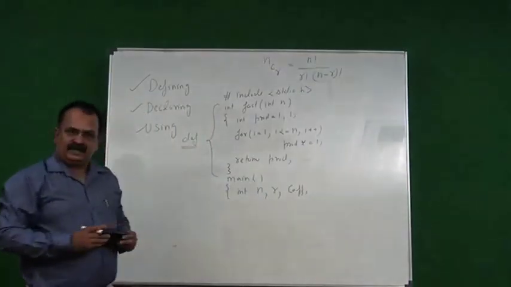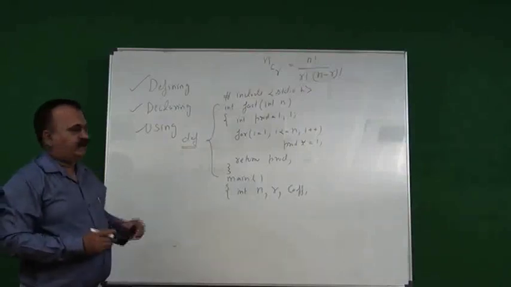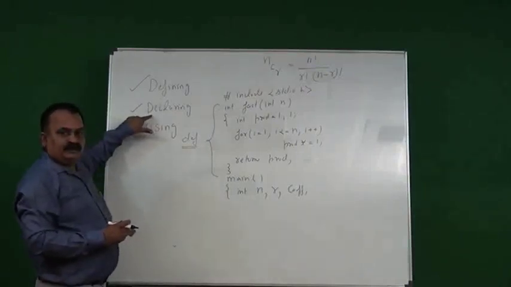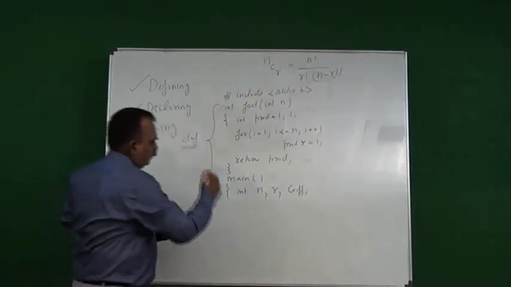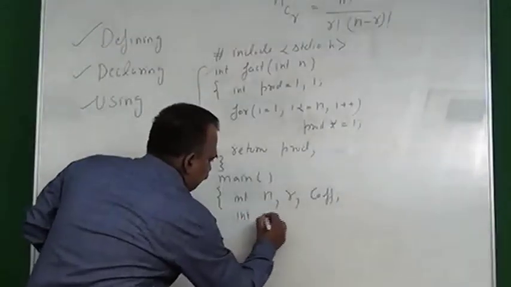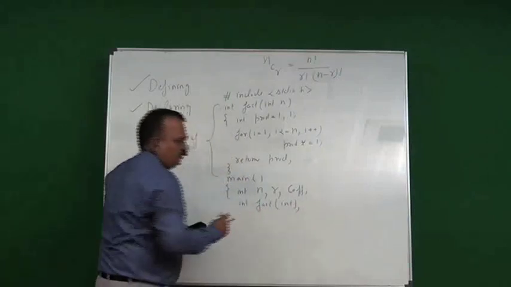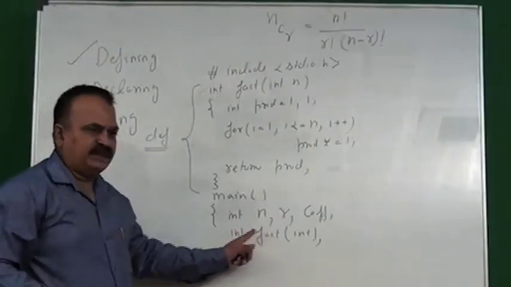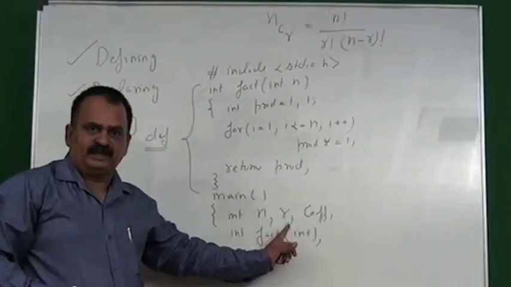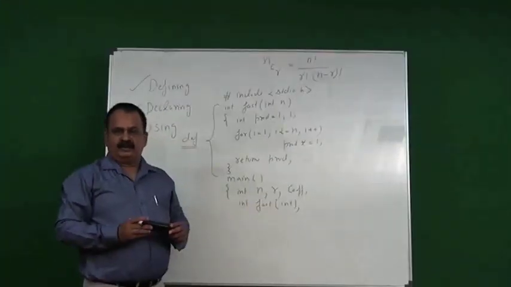Along with this variable declaration, the function will also be declared, or the prototype of the function will be given. For this function, it is integer, factorial, integer: the name of the function, type of result, number of arguments, and type of argument.